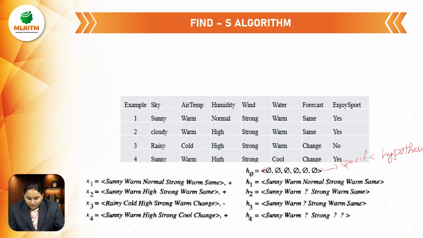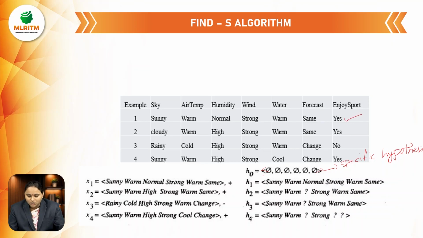Next, the first example is sunny, warm, normal, strong, warm, same, with the label yes. It is a positive, so we consider this first example. The specific hypothesis phi does not accept the positive, so it is inconsistent.